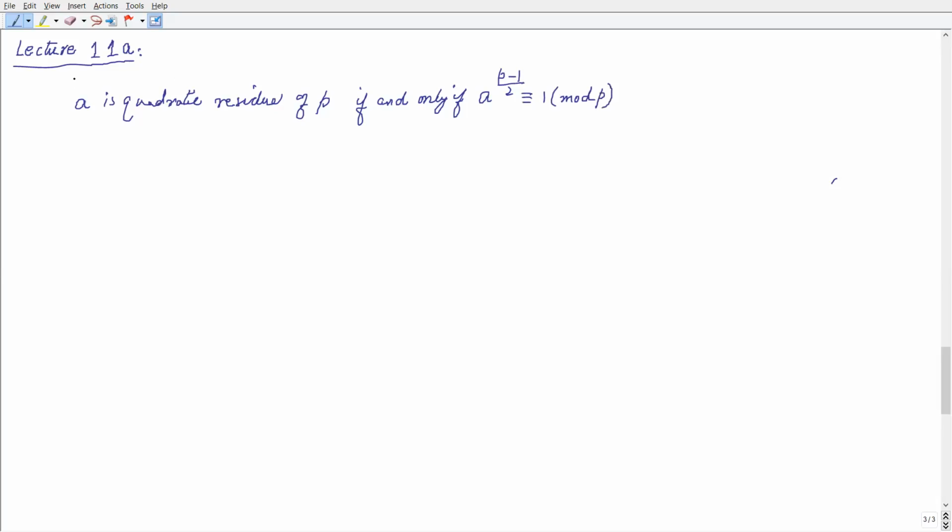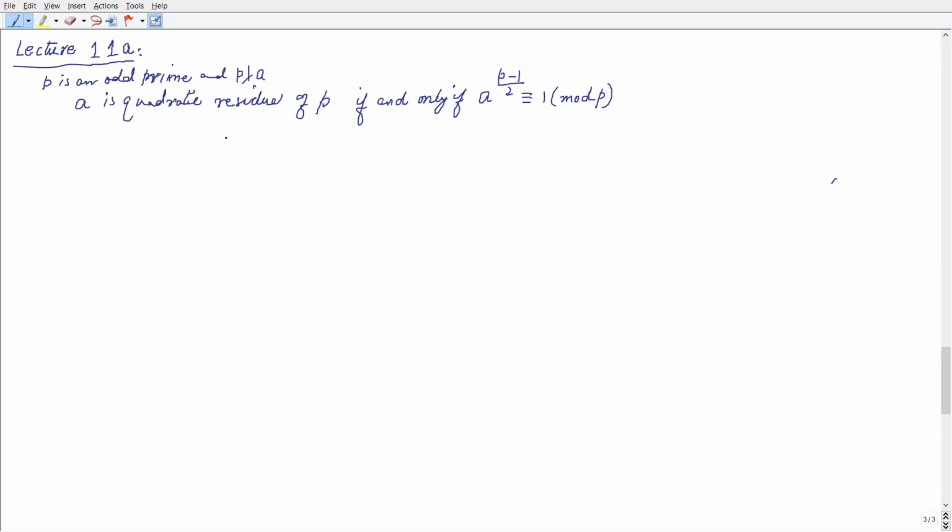Okay. And the condition is P is an odd prime and P does not divide A. Then A is a quadratic residue of P if and only if A to the power (P minus 1) by 2 is congruent to 1 modulo P. In the last lecture, we discussed the proof of this result.